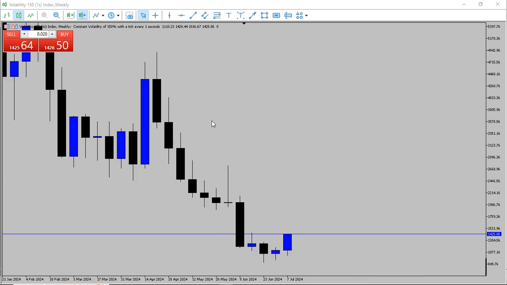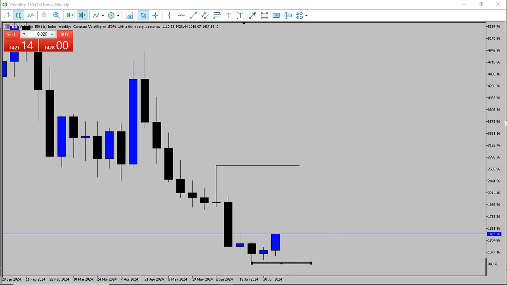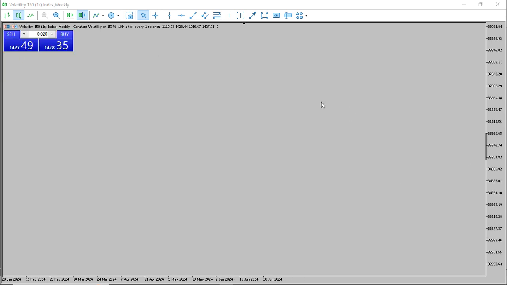So now this is the weekly time frame, and the areas that we spot are the nearest highs and lows where we're having the buy stop and the sell stop. All right, so that would be the range at which I will be dealing with. You see what I just told you?